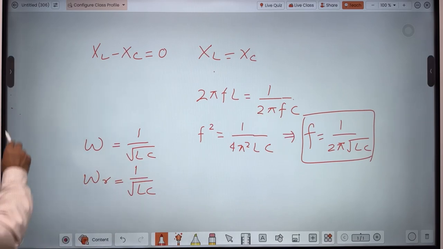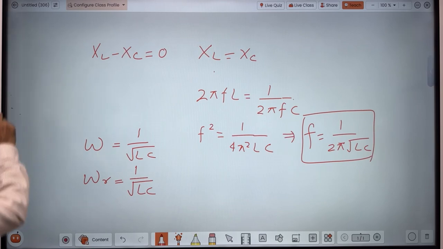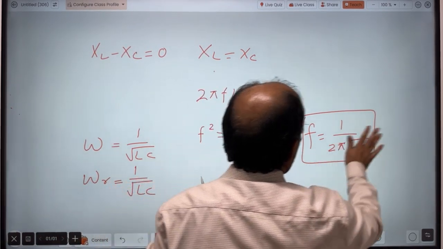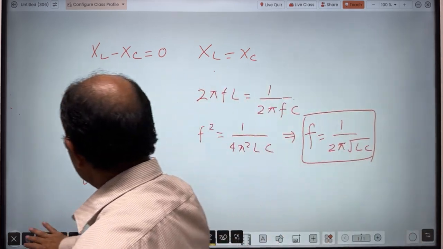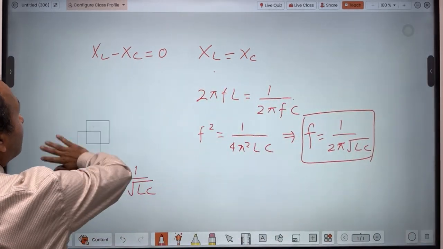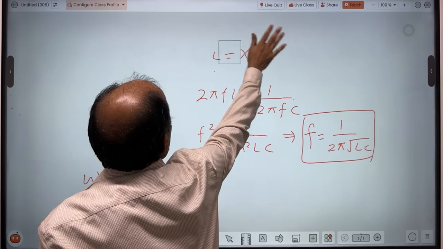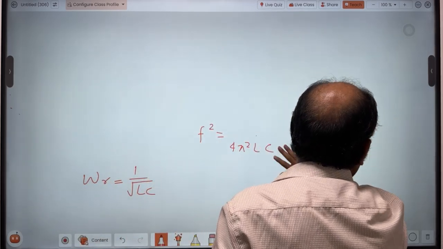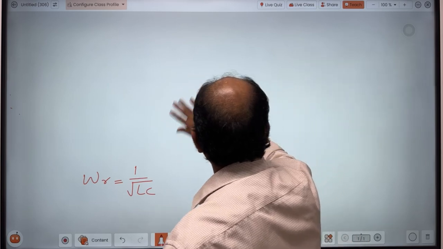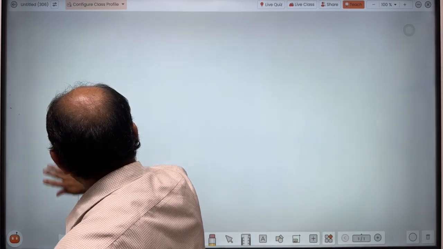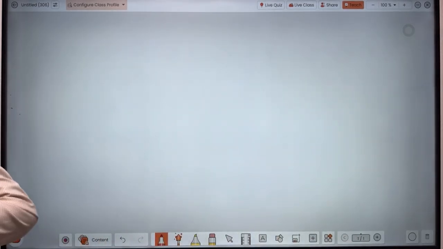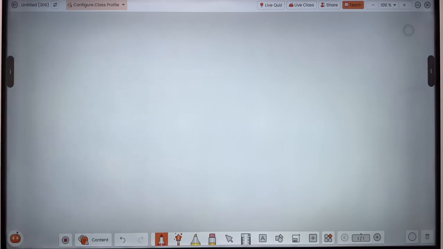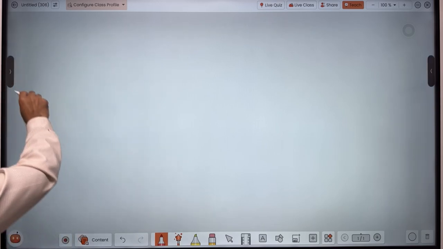Now we are going to see the concept of transformer and its types. Okay, so transformer is based on the concept of mutual inductance.